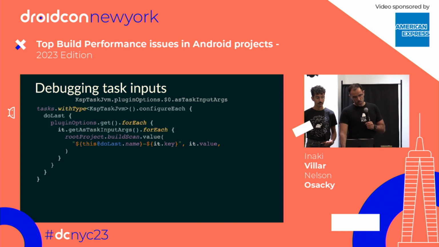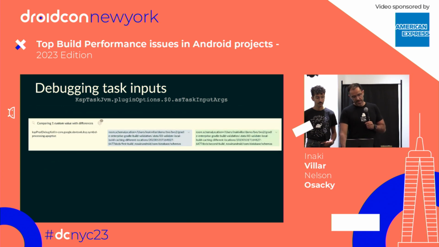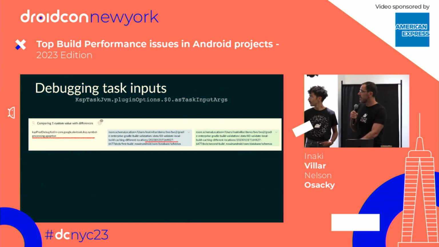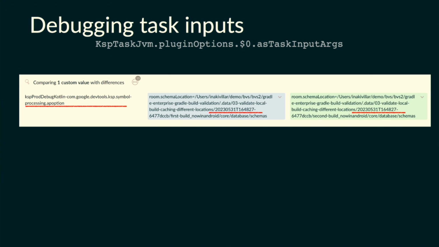And the result, when we compare two build scans, is that for this specific task, for the annotation processor options, we have a different path, an absolute path that was considered when we were building KSP from different locations. But this is very strange, right?